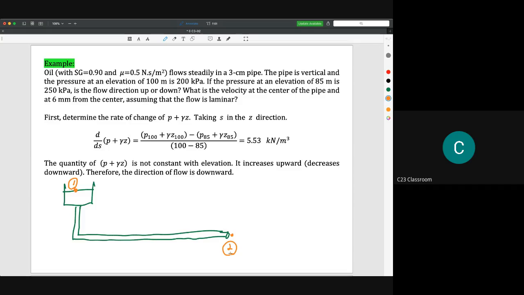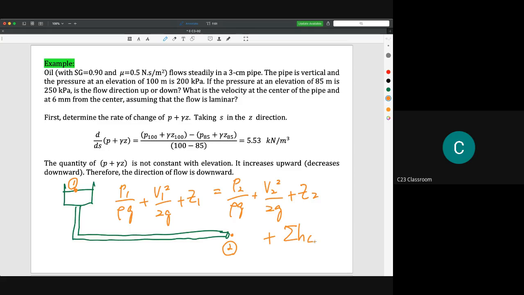For example, we have point 1 and point 2 here. If you write the Bernoulli equation, you may have P1 over rho g plus V1 square over 2g plus Z1, and it is equal to P2 over rho g and so on. I think you are familiar with these terms. We have a Z2 here, and then you add the total losses.